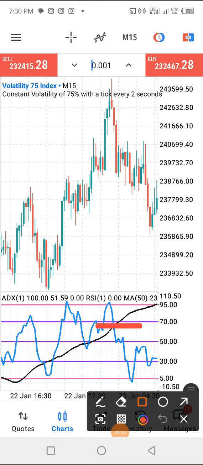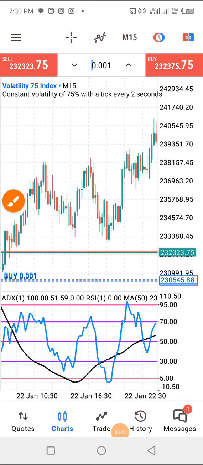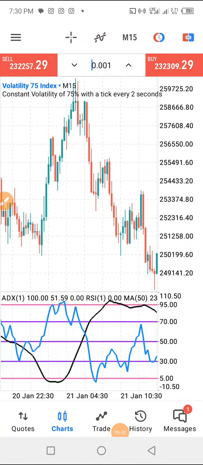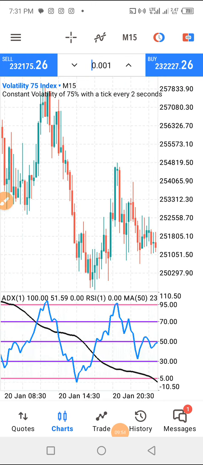When it closed and crossed below it, you see price went deeper up to level 5 again. So you can decide to wait until these formations are set before you venture into it. You get it, right?